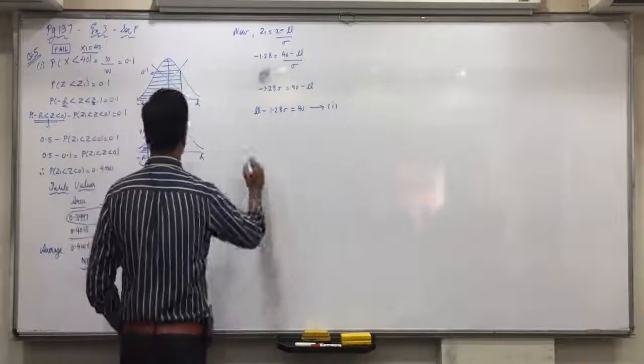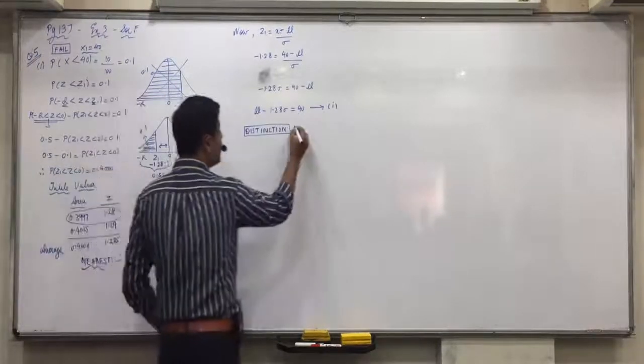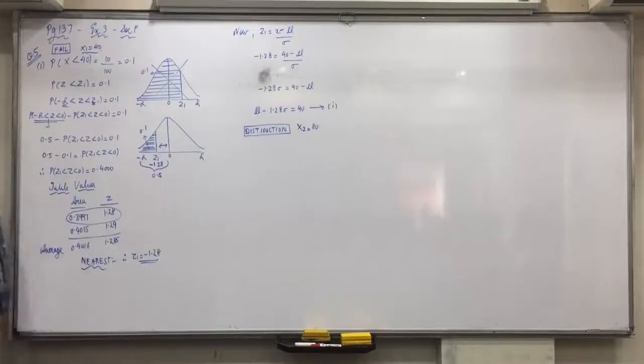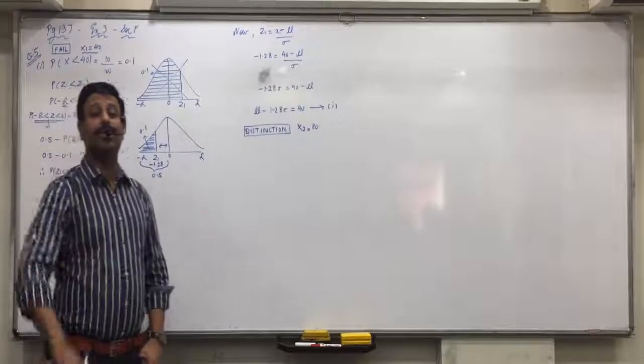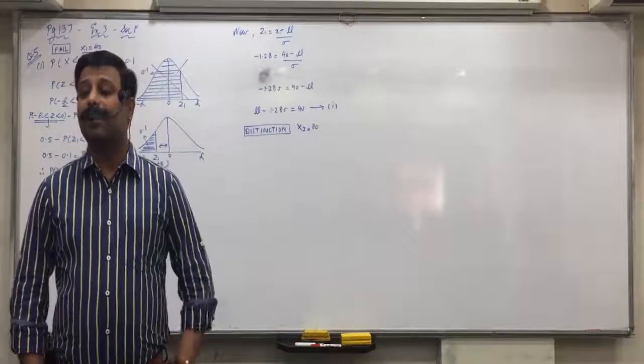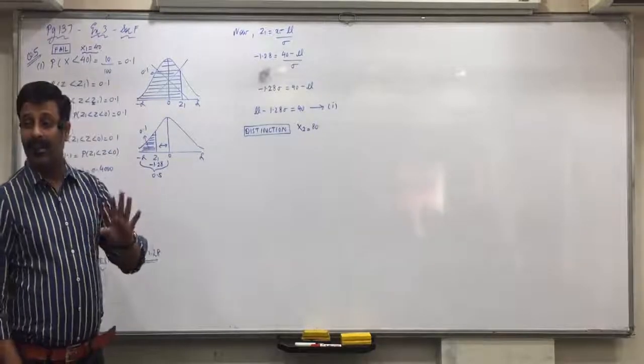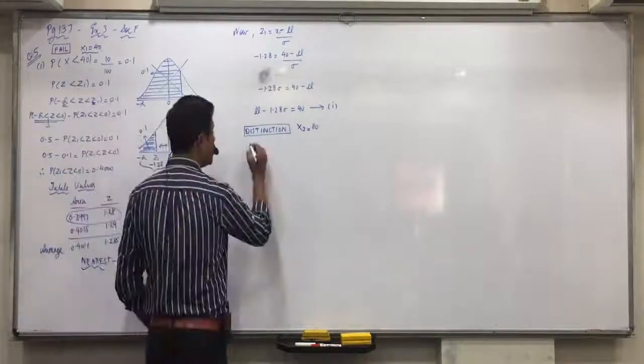Okay, so what is the second information of distinction? 80% marks means x2 is equal to 80, and how many people are getting distinction? 15% of total students. See the first information, how many people are getting distinction? 15% of total students. Who will get distinction?